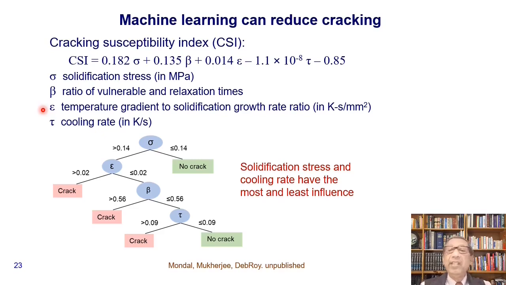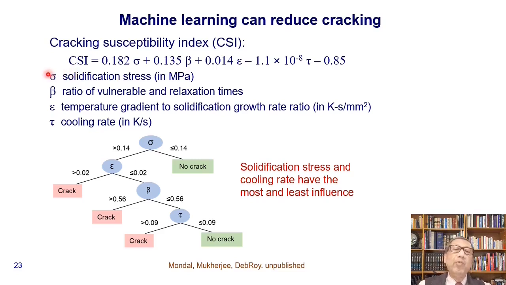CSI, or crack susceptibility index, is correlated with values of these 4 parameters that are obtained by running a heat transfer and fluid flow model. Using the data set of over 100 cases, we can develop a correlation between crack susceptibility index and these 4 variables. Using a linear regression, higher values of crack susceptibility index mean a higher probability of a sample developing cracks.